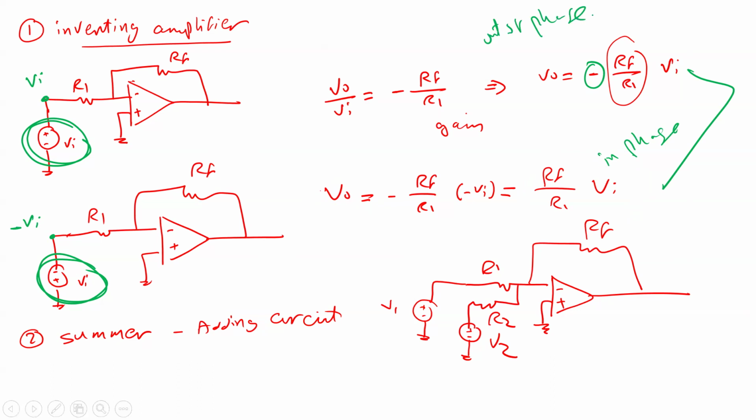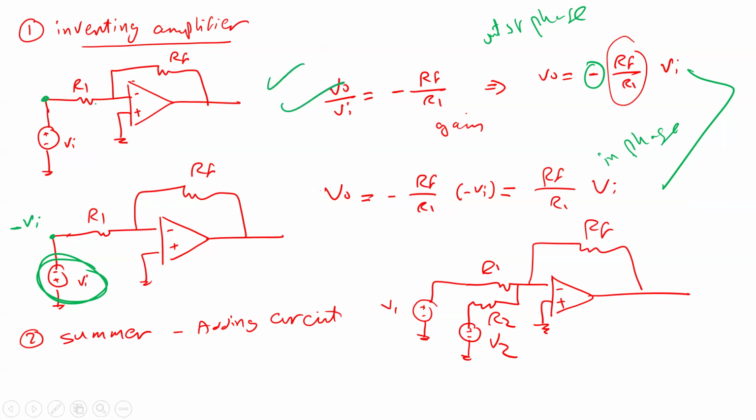One more thing, it's the same circuit, but I'm gonna modify it a little bit. By modifying it, I'm gonna make a circuit we call a summer or adding circuit. So it's a circuit that can add, you can do addition using this circuit. You will see how I made it. It's exactly the same circuit as this one.